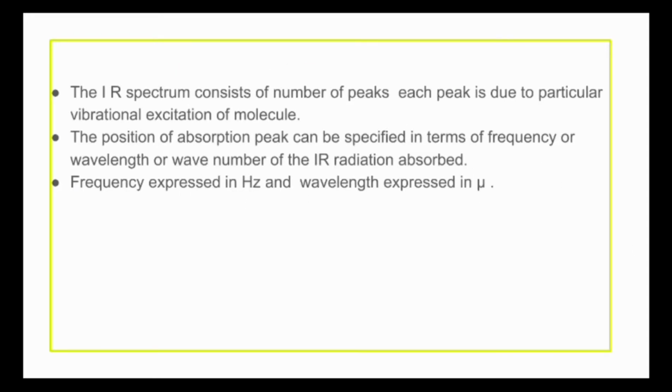The IR spectrum consists of a number of peaks. Each peak is due to a particular vibrational excitation of a molecule. The position of an absorption peak can be specified in terms of frequency, wavelength, or wave number of the IR radiation absorbed. Frequency is expressed in Hertz and wavelength is expressed in mu.